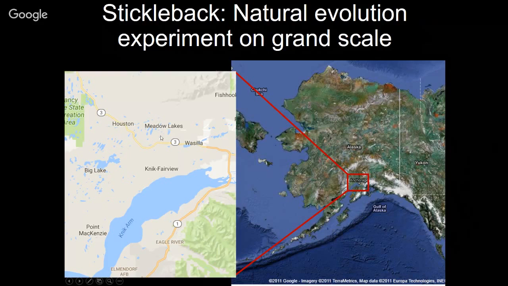As those glaciers receded, populations of stickleback were isolated in these different lakes and now have been evolving in isolation from each other and from the anadromous or oceanic population for tens of thousands of years. And so now we have repeated evolution experiments in which we can compare the differences in the host genetic background and host microbe interactions in these different populations.